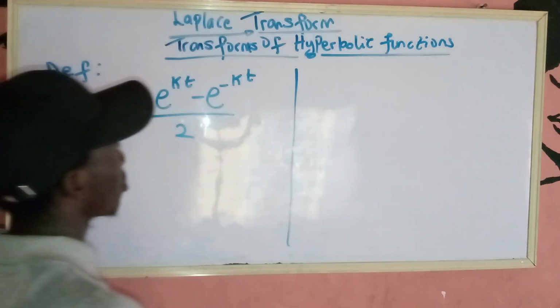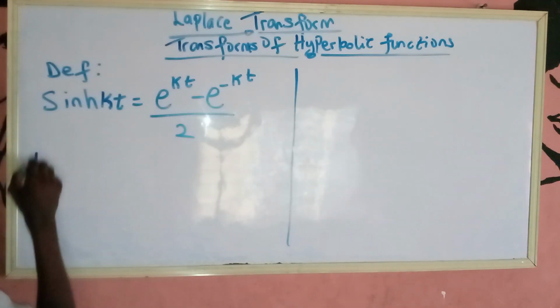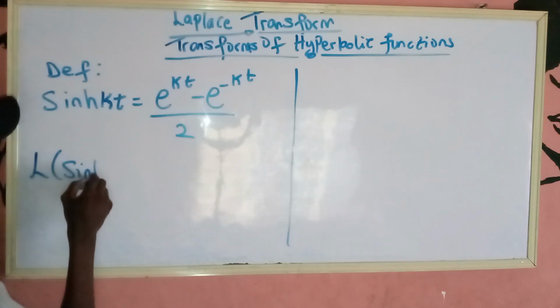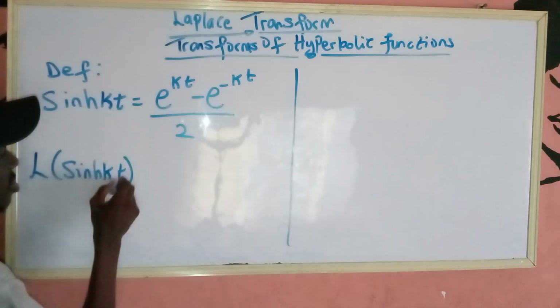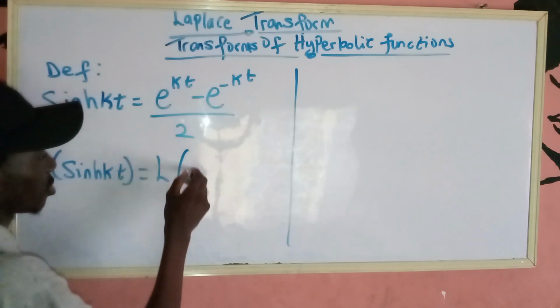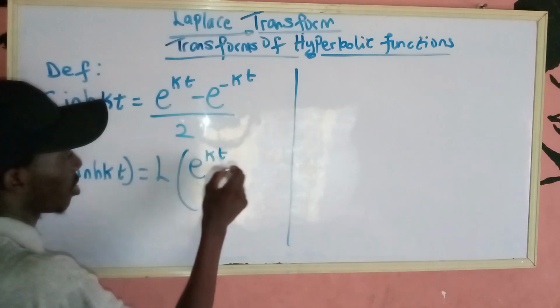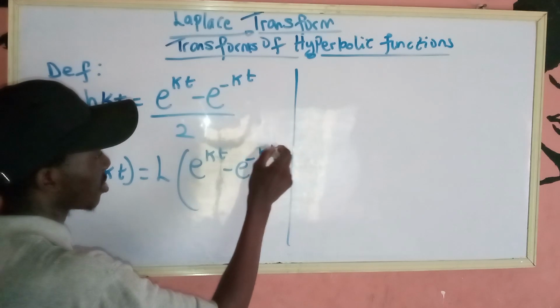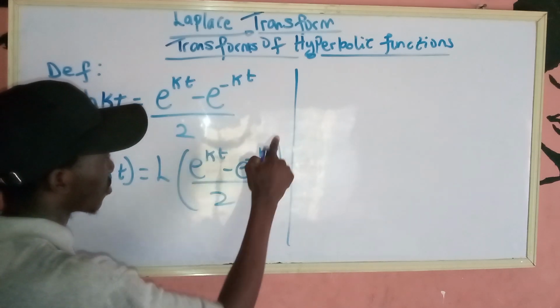From the definition, the Laplace of sinh of kt equals Laplace of this expression, which is equal to e raised to power kt minus e raised to power minus kt over 2.